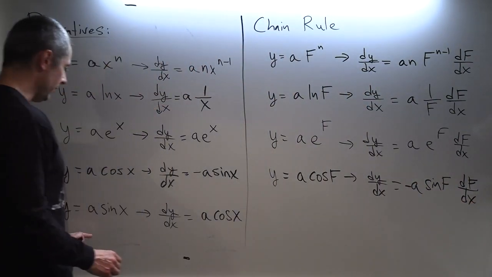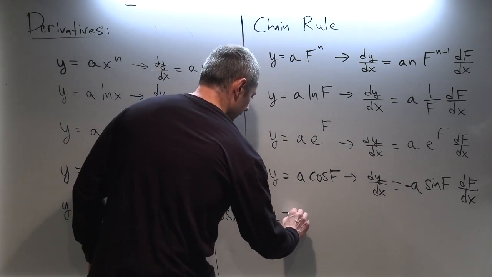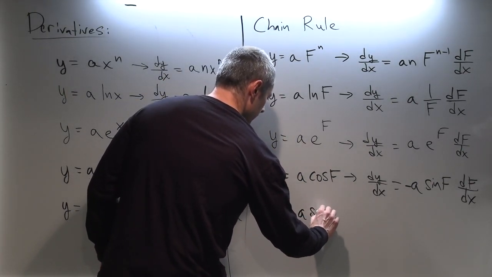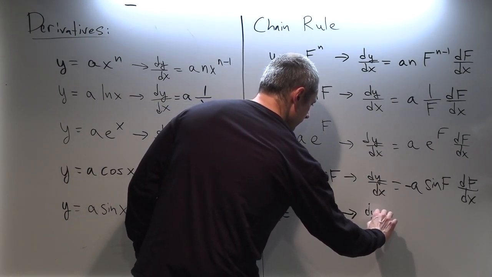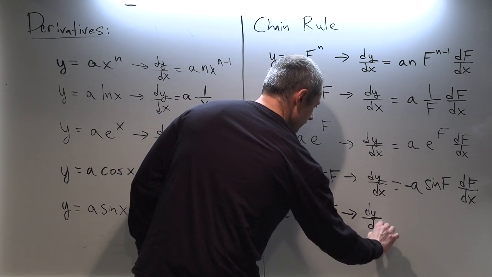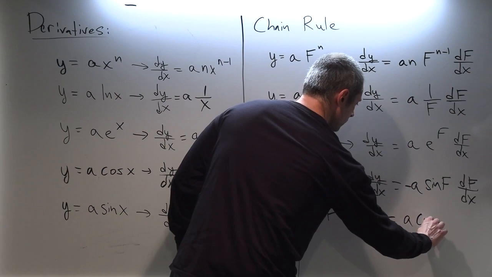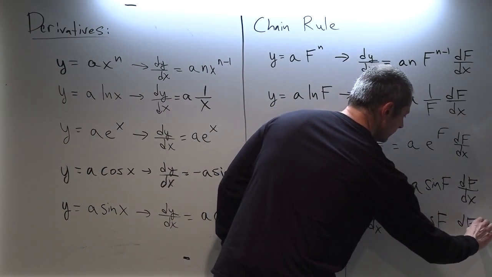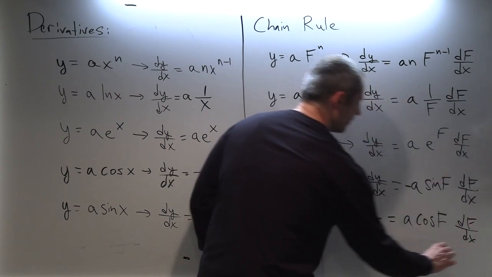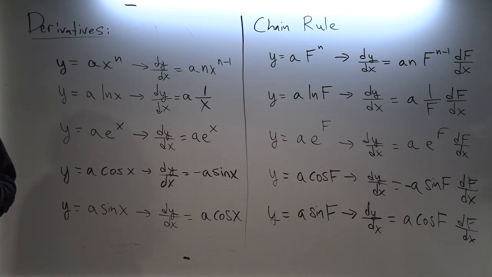And last one, the derivative of the sine, but if there's a function in the sine, okay. So there they are, the rules that we're going to be practicing now with some examples.